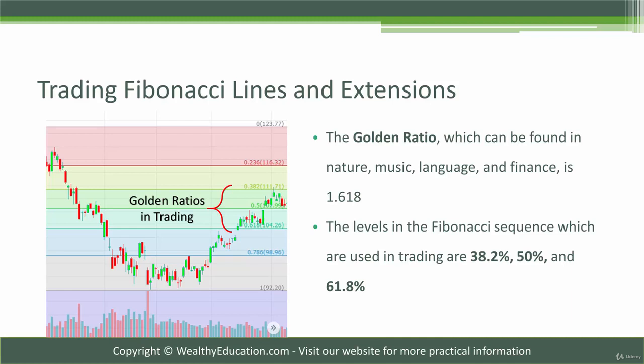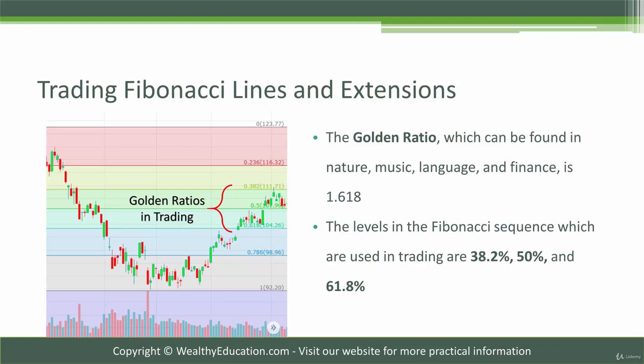The financial world has taken that number and applied it to Fibonacci lines, which you'll see on a chart in just a minute, and the important percentages derived from the golden ratio are 38.2%, 50%, and 61.8%. Those lines help provide the support and resistance levels at which a stock is likely to trade, even though, as I stated previously, the support and resistance levels have yet to be established.